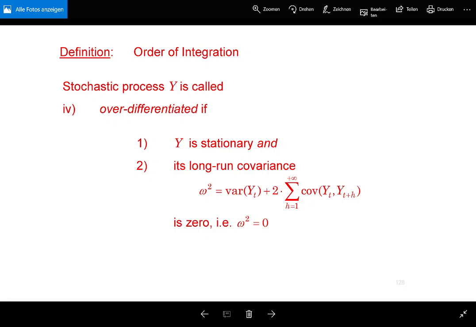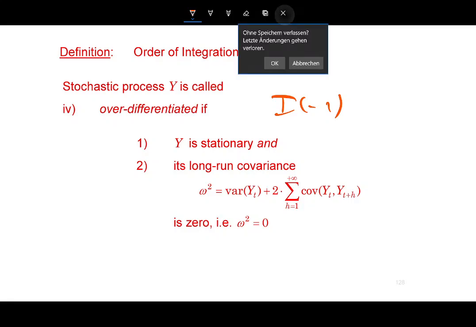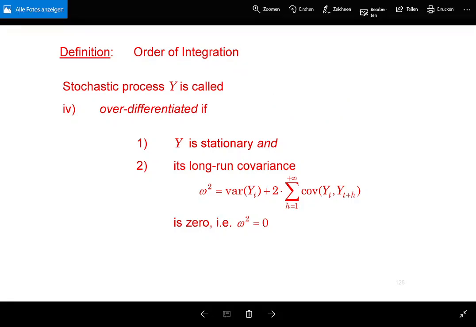So if the process is stationary and its long-run covariance is zero, then the process is over-differentiated. And if its long-run covariance, in addition to stationarity, is positive but finite, then it's going to be integrated of order 0. You understand what I'm saying? So it could also be called integrated of order -1, right? Or -2 or whatever, so it's way more than over-differentiated, but that's how it is.